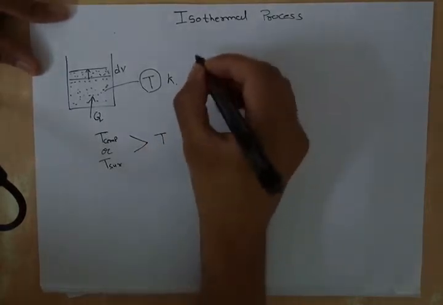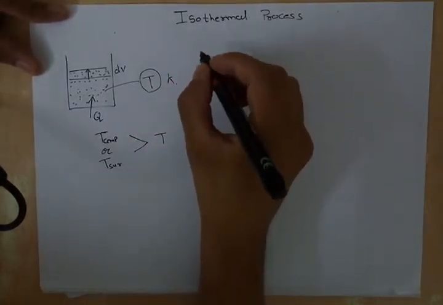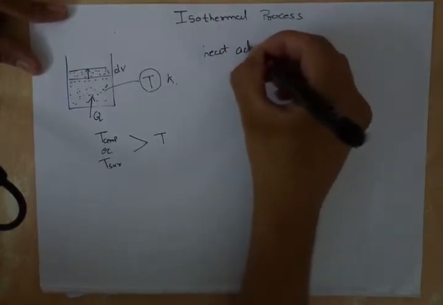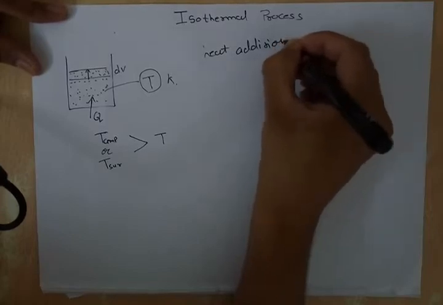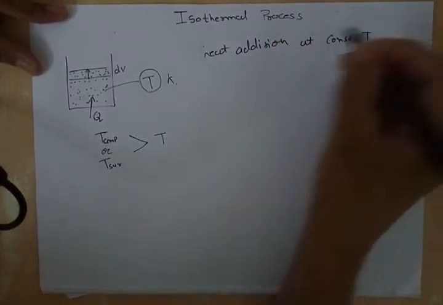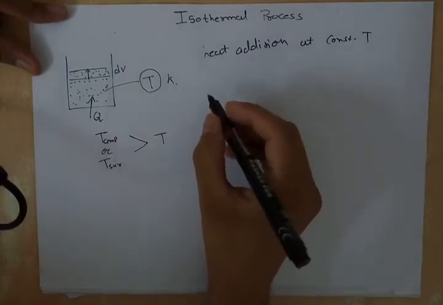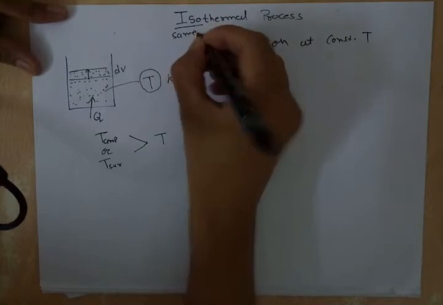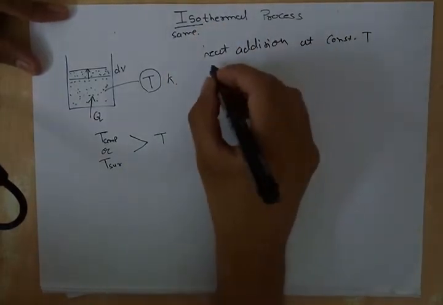So this constant temperature process, heat addition at constant temperature, is called isothermal process. Iso means same temperature.